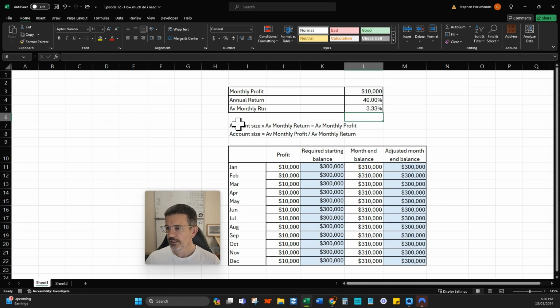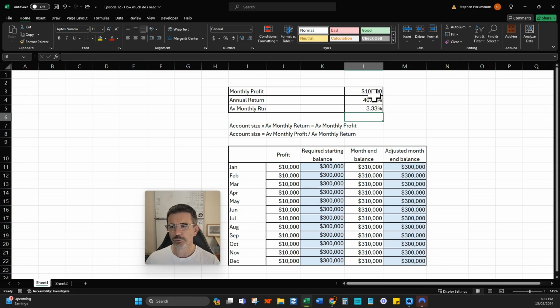Okay, so normally, a straightforward calculation to work out your profit would be your account size multiplied by your monthly return, to get your monthly profit.